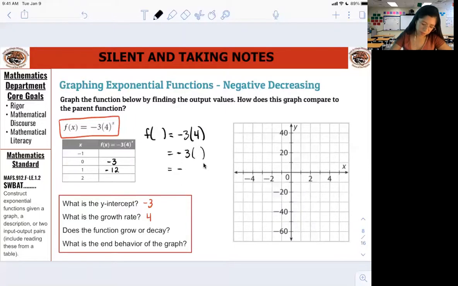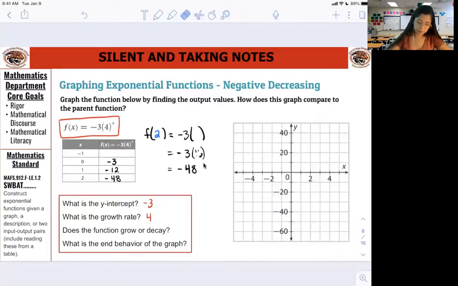Then I plug in 2. What happens here? Negative 48. So it looks like Ejiro was right. All of the numbers are basically the same, but negative, because this time the y-intercept is negative, so each time I multiply, I'm multiplying by -3 rather than +3, which turns all of my answers into negatives.